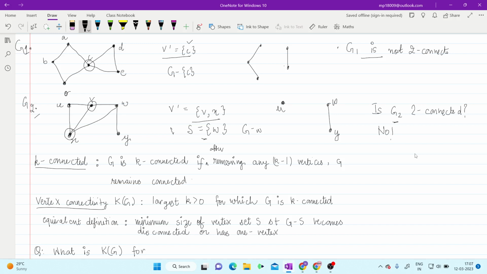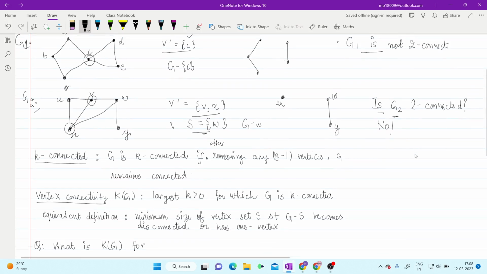Similarly, when you are looking at k-connectedness, you don't just check one set of k minus 1 vertices; the property should hold for any k minus 1 vertices. If we look at U, X, V, the vertices other than W, the graph remains connected, but if we remove just W, the graph becomes disconnected. Therefore G2 is not 2-connected.